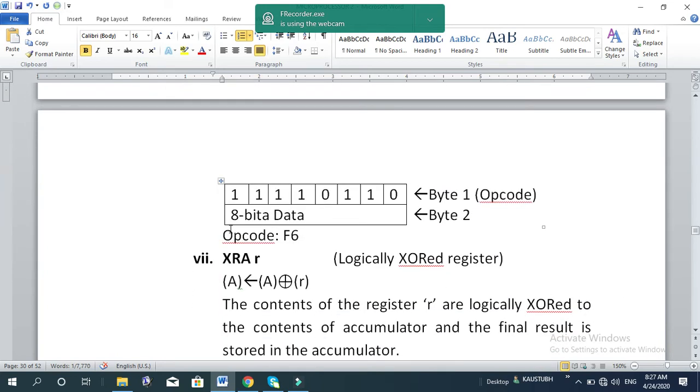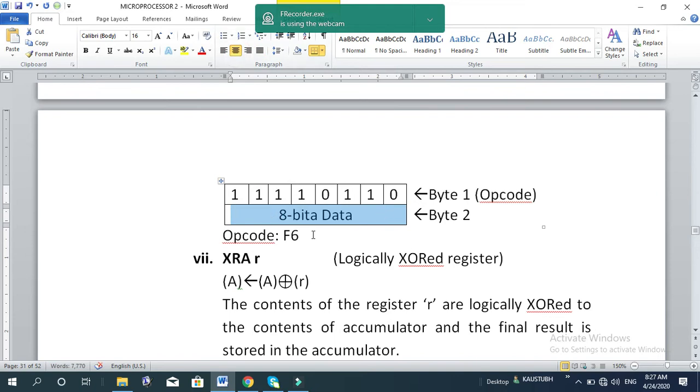In the instruction format, there are 2 bytes. The first byte is the opcode and the second byte is the 8-bit data. The opcode here is 1111 0110, which is F6.